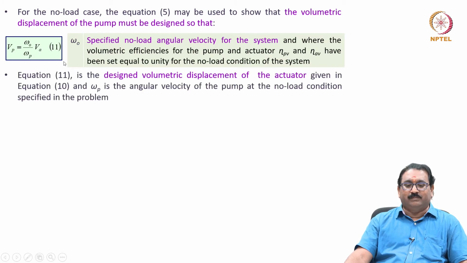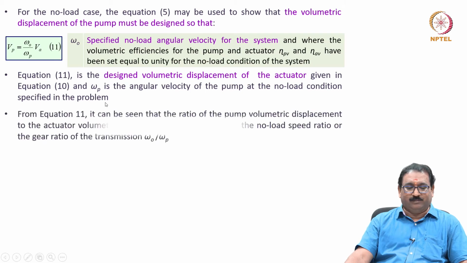Equation 11 uses the designed volumetric displacement of the actuator given in equation 10, and omega p is the angular velocity of the pump at the no-load condition specified in the problem.